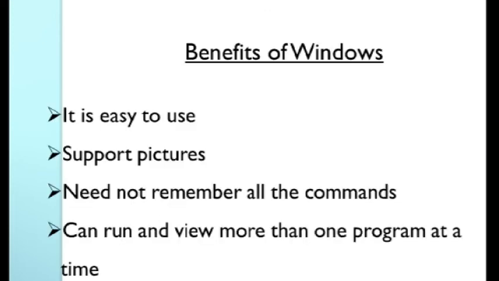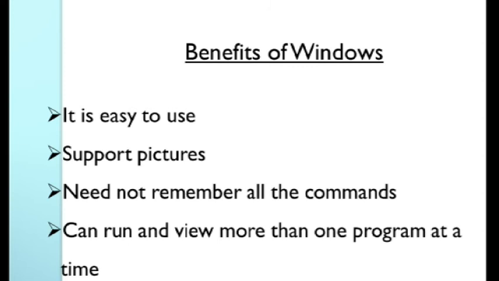Next is the benefits of Windows. What are the different benefits of Windows? Actually, the Windows operating system is very easy to use. An illiterate person can also use the Windows desktop, because we can access programs and software using icons by clicking icons.